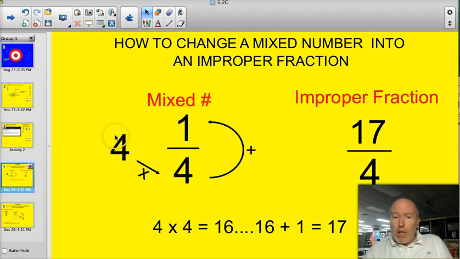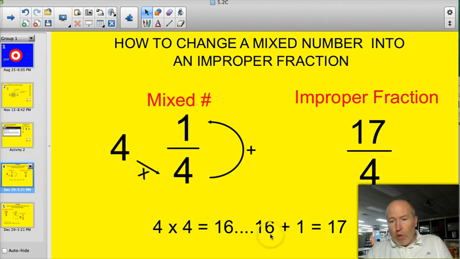You take and write it down, 4 1/4. Here's my mixed number. You multiply the wholes times the denominator, and then you add in the numerator. So 4 times 4 is 16. Add that one, and you have 17/4. I wrote it down here too. So wholes times the denominator, add in the numerator, so 4 times 4 is 16.